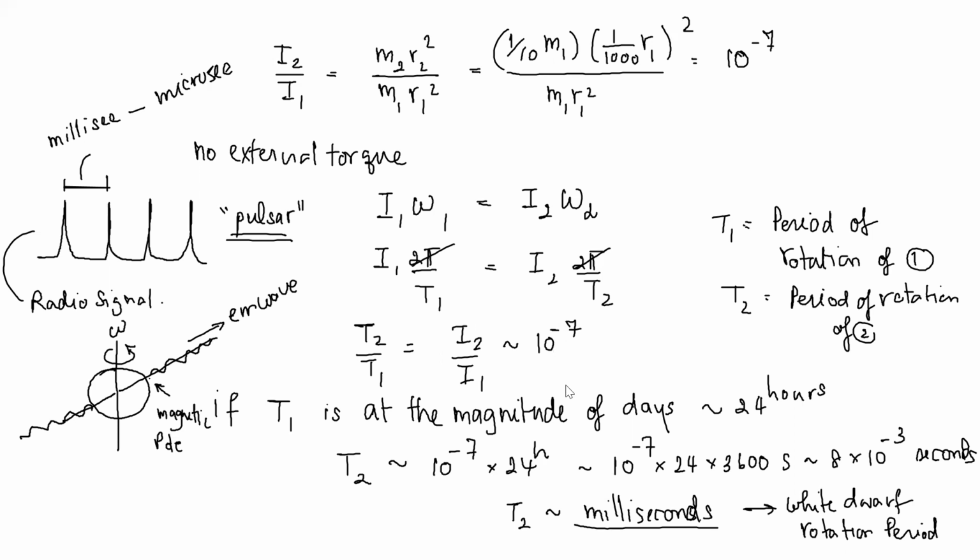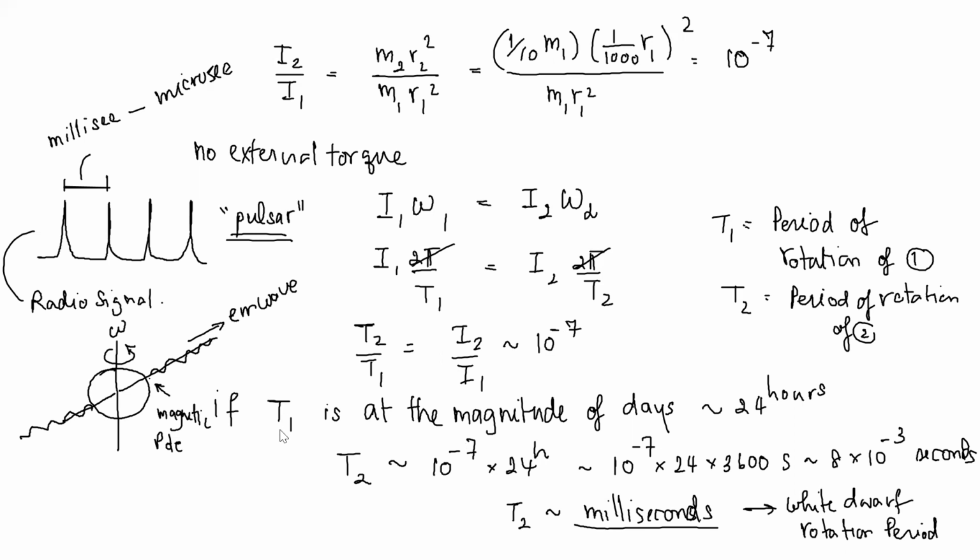So the star will speed up by 10 million times.